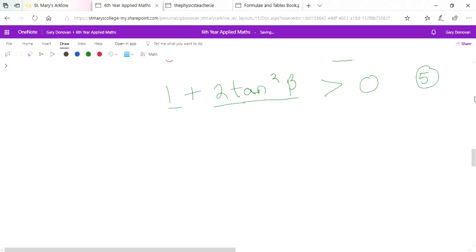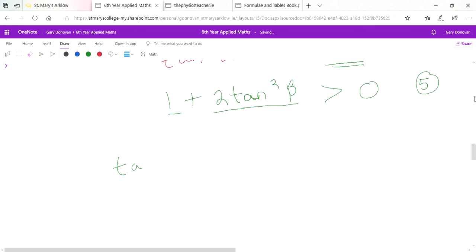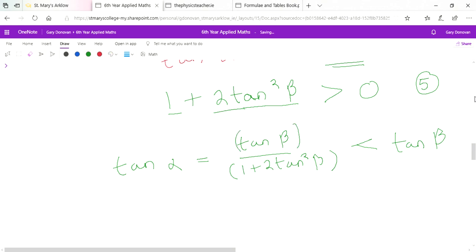If that has to be greater than 1, that means that tan of alpha, which is equal to tan of beta over 1 plus 2 tan squared beta, has to be less than tan of beta. Because if tan of beta is being divided by a number which is greater than 1, then obviously all of this must be less than tan of beta.